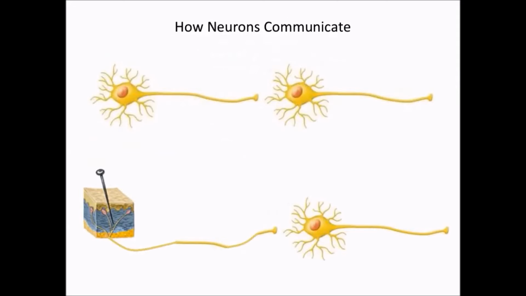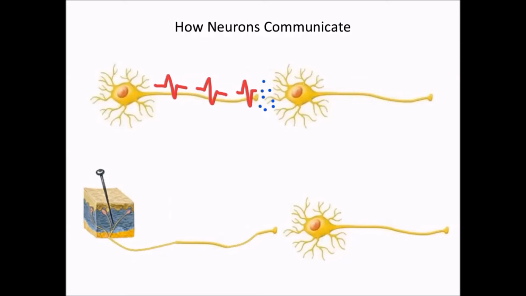So let's take a look at the overall picture of how an action potential from one neuron is passed to another neuron, or in essence, how do neurons communicate? So what we have is an action potential traveling down the axon of a presynaptic neuron. And once that action potential reaches the synapse, that electrical impulse is converted into a chemical messenger.